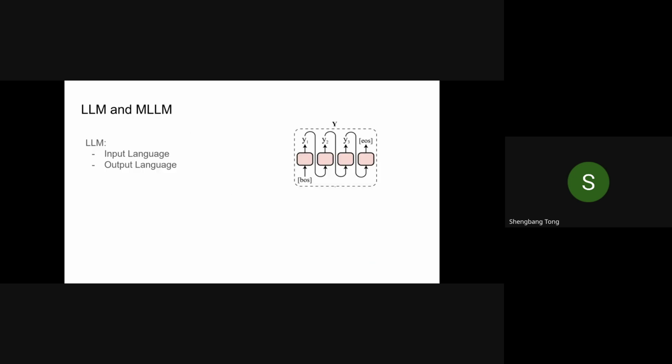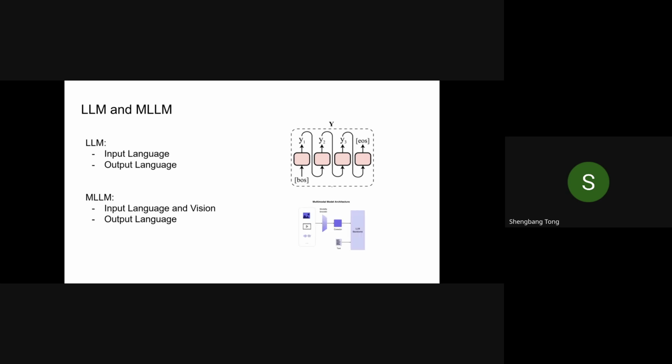Okay, so we'll start with a little bit of background: large language models and multimodal large language models, before I dive into the unified model. Large language models are relatively simple to understand. They input language and output language. What is a multimodal large language model?